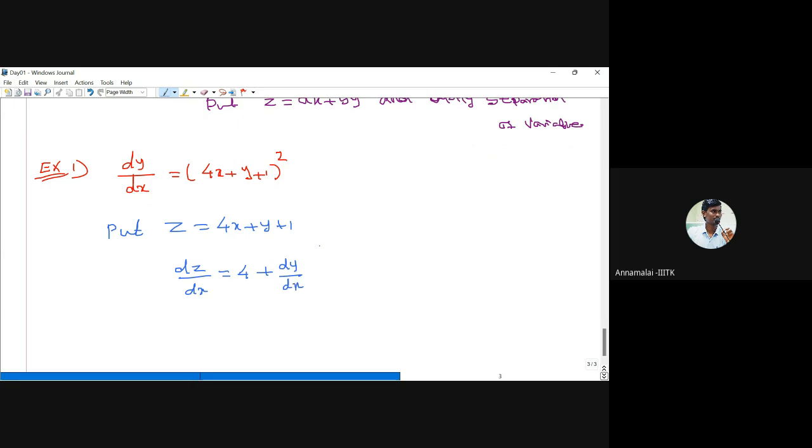Therefore, we can replace dy by dx by dz by dx minus 4. Therefore, equation 1 becomes dz by dx minus 4 equal to z square, because we call z equal to 4x plus y plus 1 whole square.